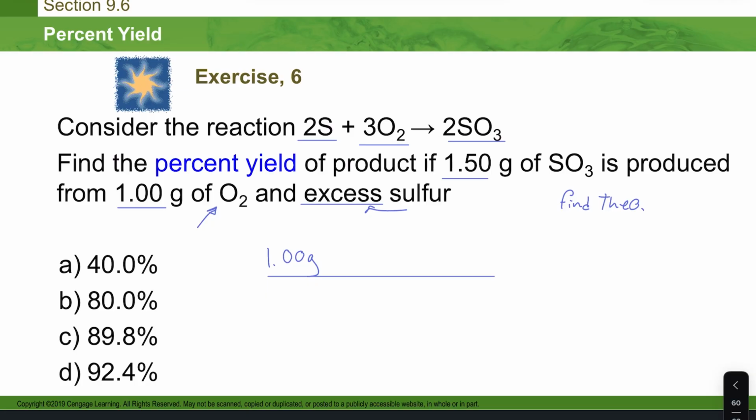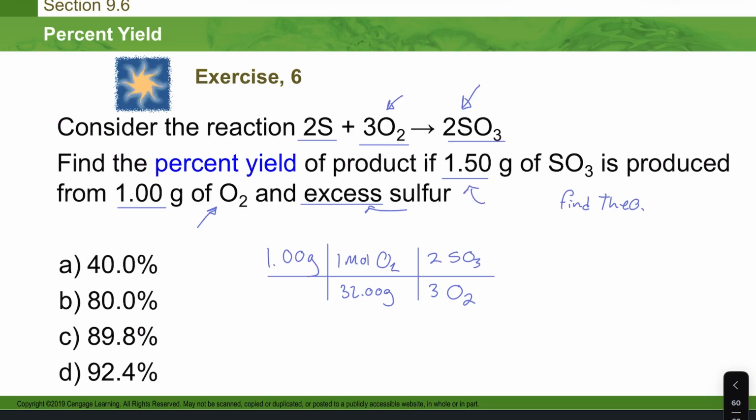So 1.00 grams of O2, we'll say that O2 is 32.00 grams for every 1 mole of O2. Then, once we are in moles of O2, we will use the ratio: 3 moles of O2 for every 2 moles of SO3.